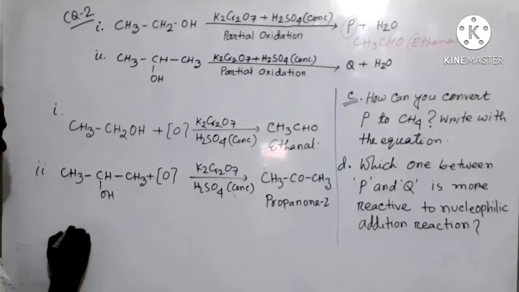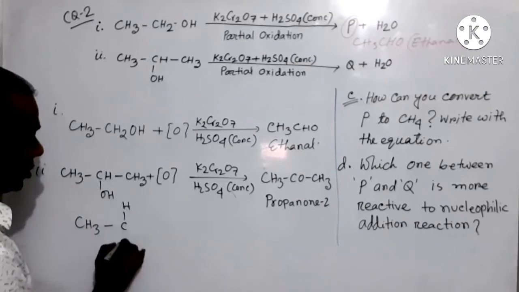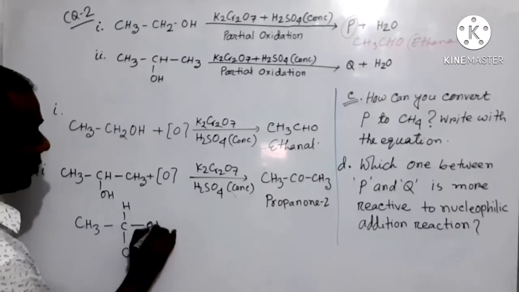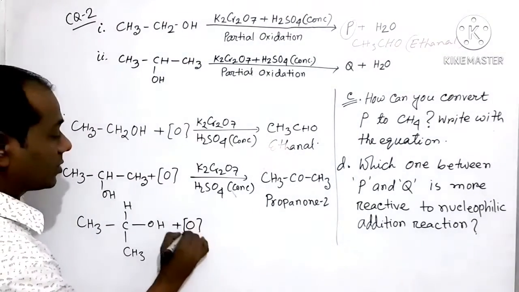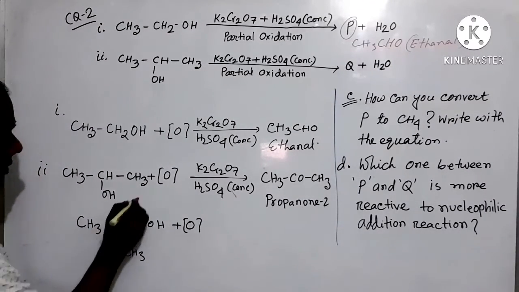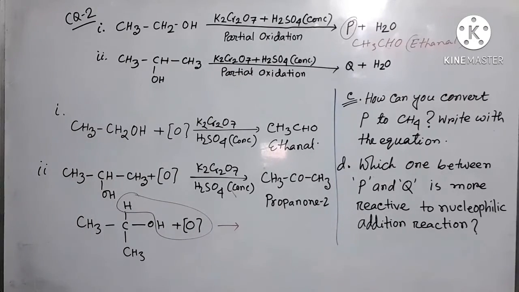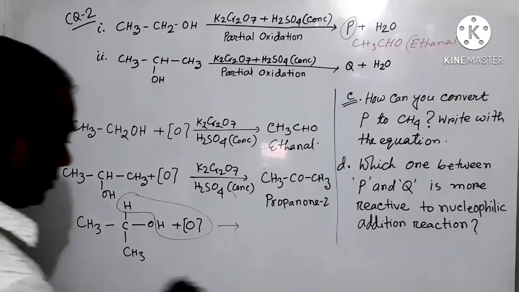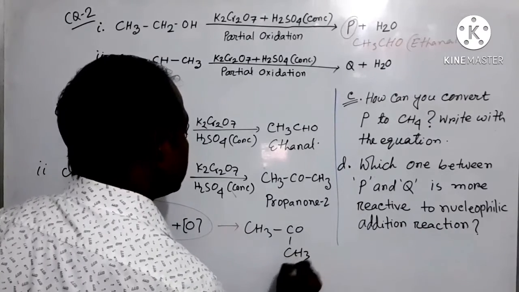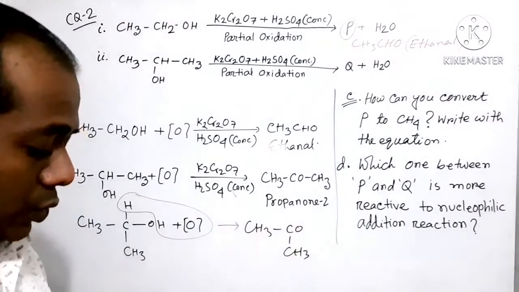In this reaction, CH3CHOHCH3 plus nascent oxygen, this hydrogen and this hydrogen react, and we get CH3COCH3, that means propanone-2.